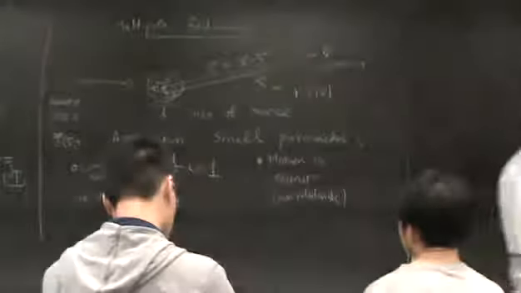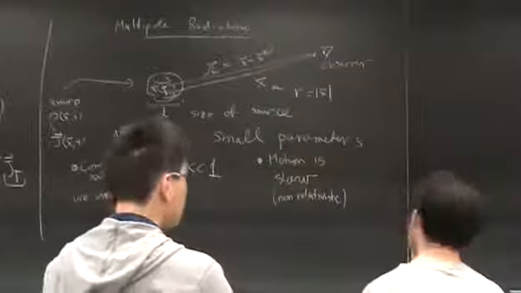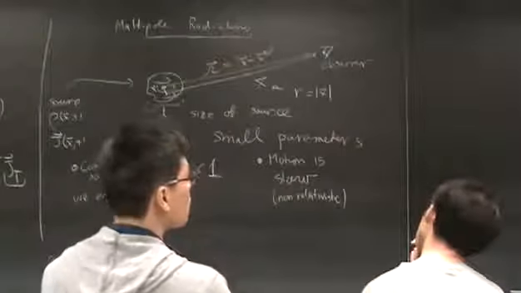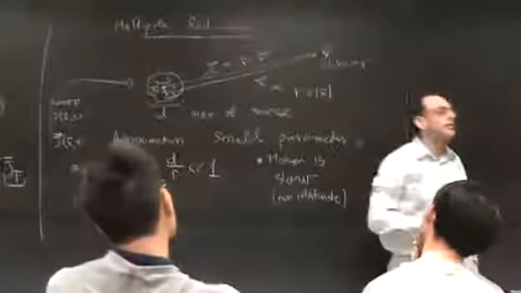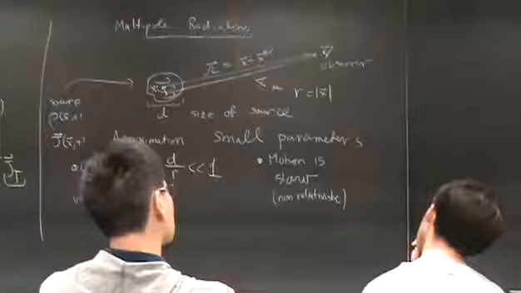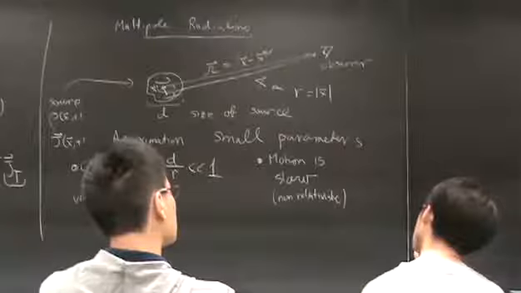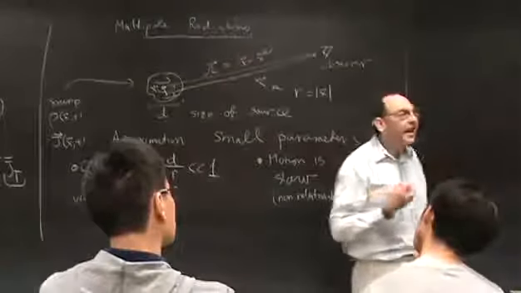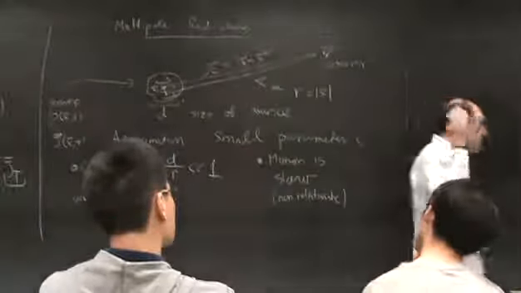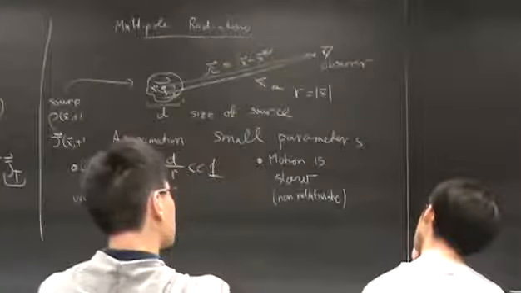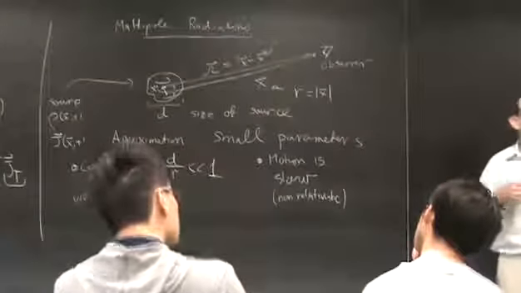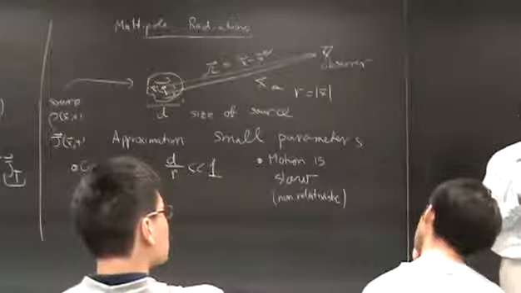The charges are not moving close to the speed of light. When they are, the approximations we're going to make go to hell. And if we had more time, we would study, and one should study, the radiation of relativistically moving charges. Some very important problems, especially in astrophysical contexts and so forth. But we're just not going to get there, I don't think, this semester.